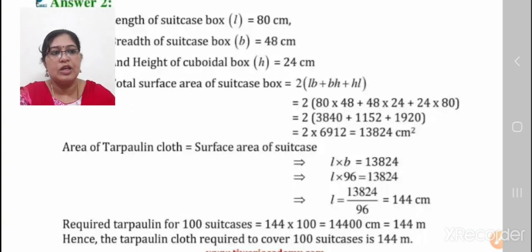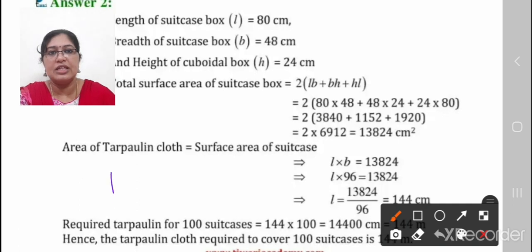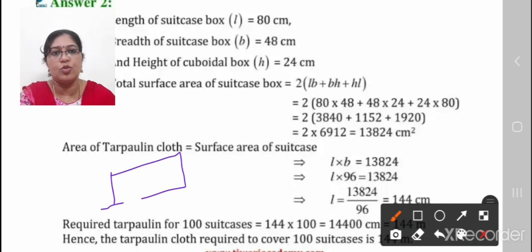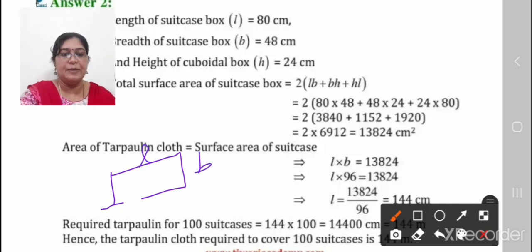Now you know that the tarpaulin cloth was in the shape of a rectangle. So it is L into B, the area of the tarpaulin. So L into B is equal to 13,824. B, the width of the tarpaulin, was given as 96. So L into 96 equal to 13,824.